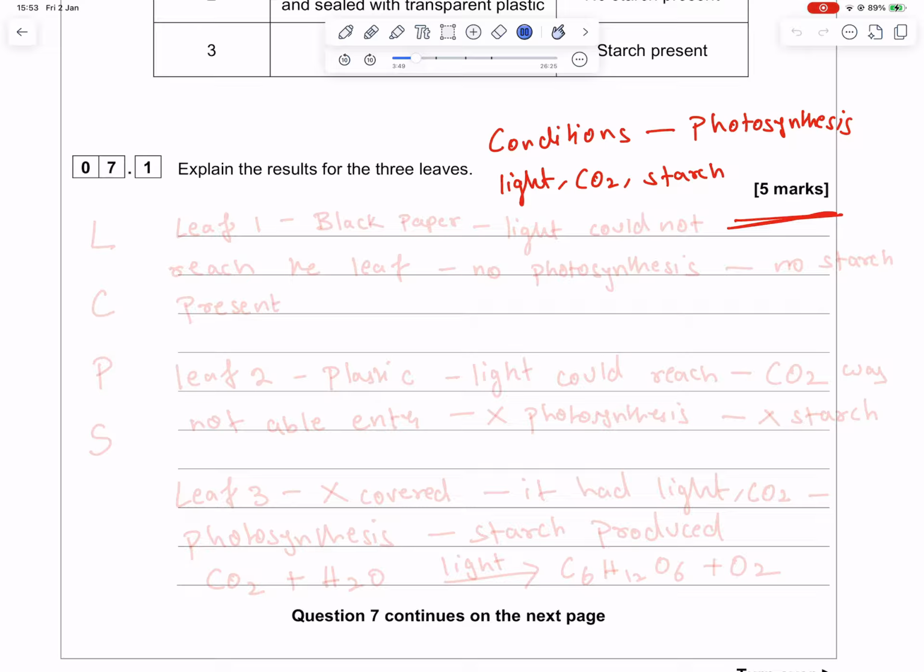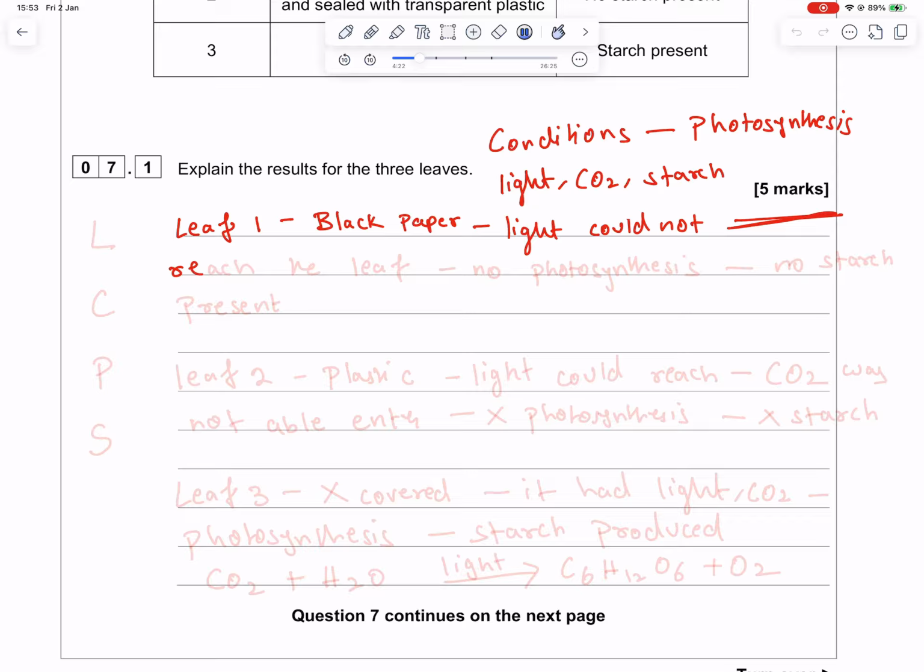Now, if we go ahead to the answer, for 5 marks we are going to talk about all 3 leaves. So leaf 1, we're going to talk about that first. As you can remember, leaf 1 was covered with black paper on both surfaces, that is on the upper side and on the underside. So any light, that's important, could not reach the leaf.